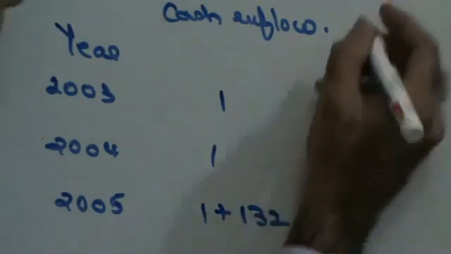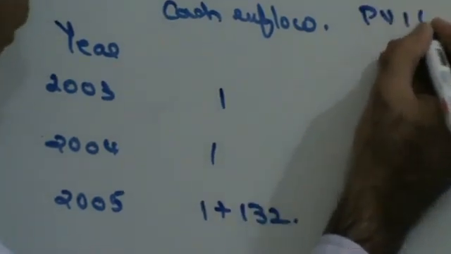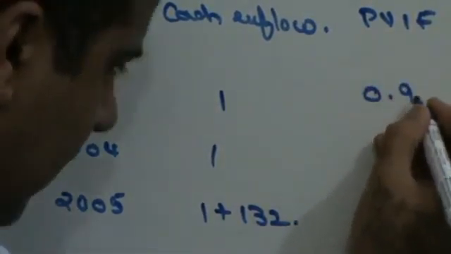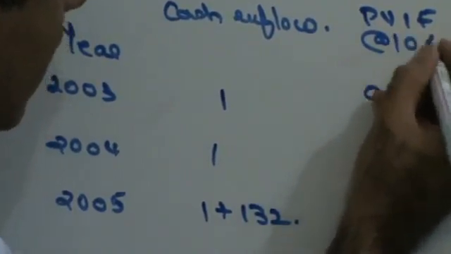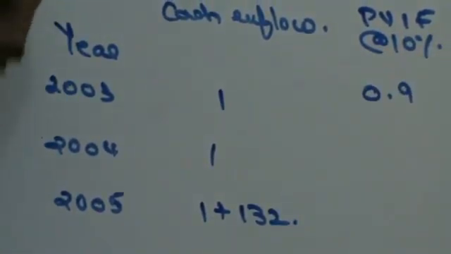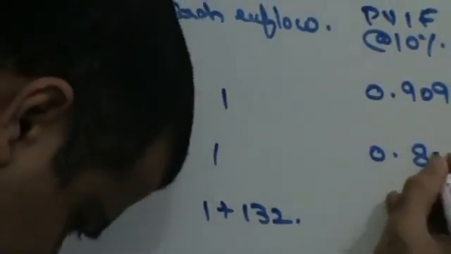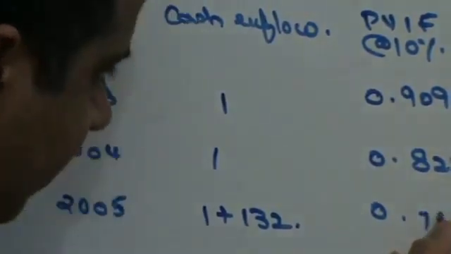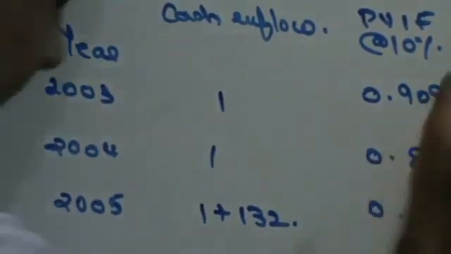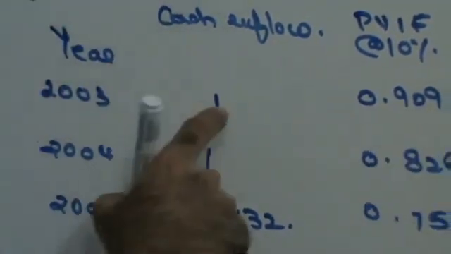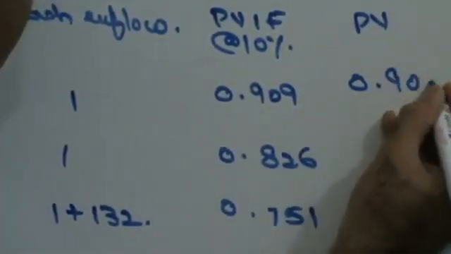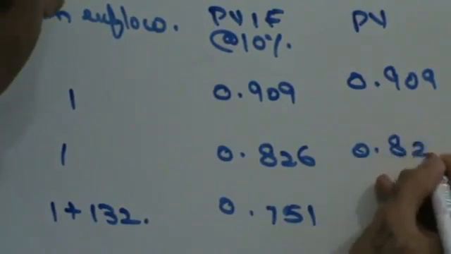Now, the present value interest factor at the rate of 10%. They've specifically given you 0.909, 0.826, 0.751. So you can find out your present value. 1 into this is going to be 0.909, 0.826.